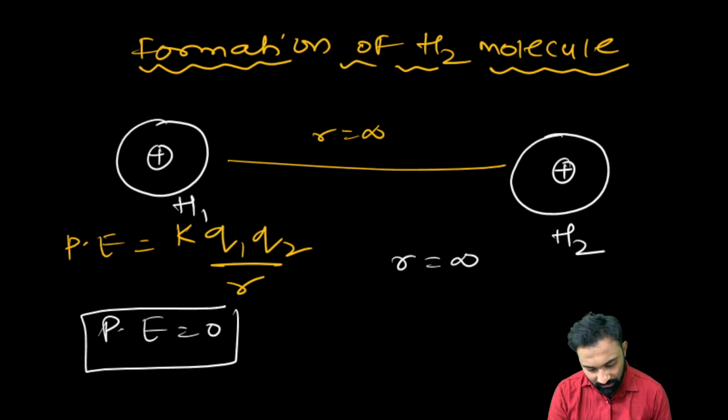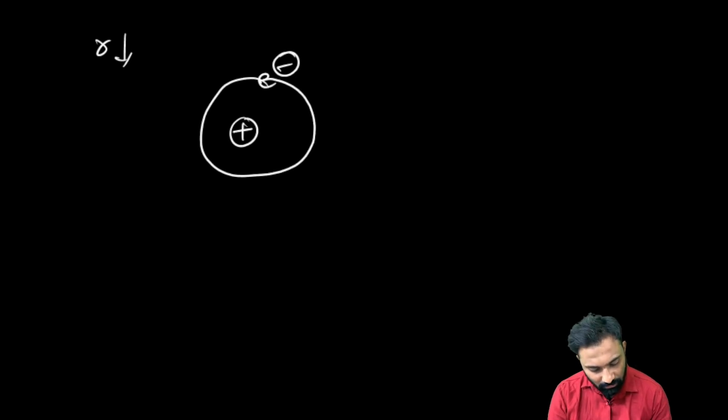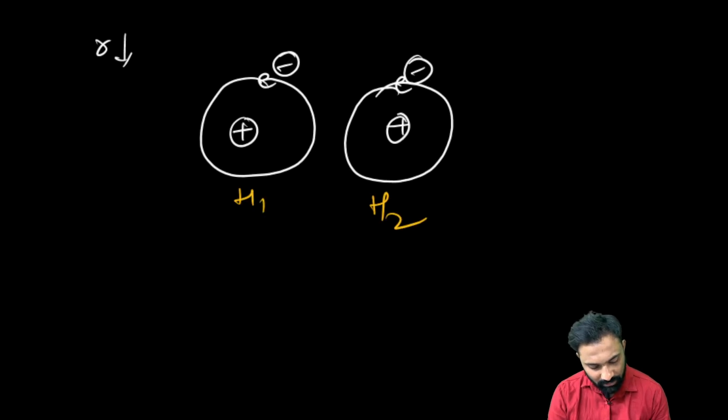Now I was decreasing the radius. When I was decreasing the radius, what happens? This hydrogen atom has one electron, and the other hydrogen atom also has one electron. This is the H1 atom, this is the H2 atom.